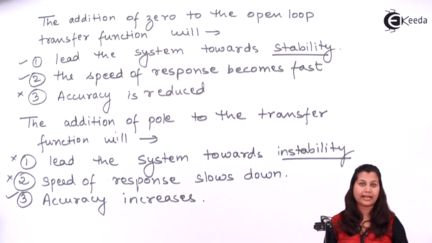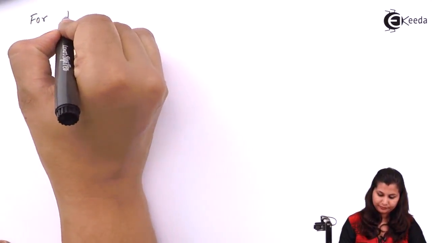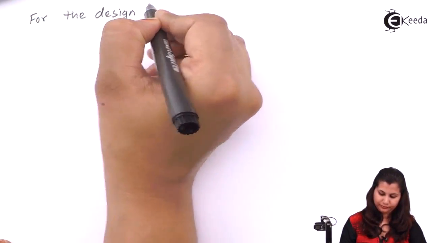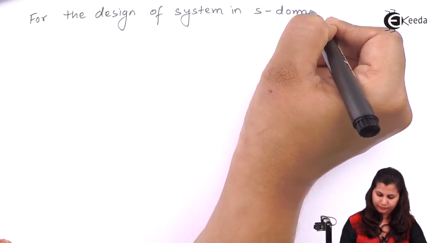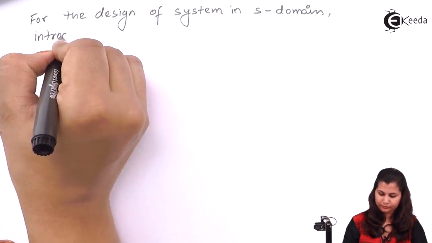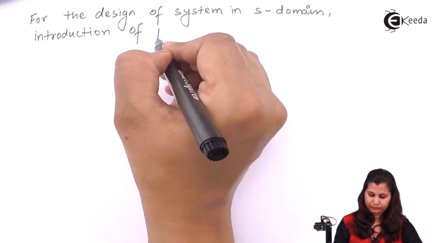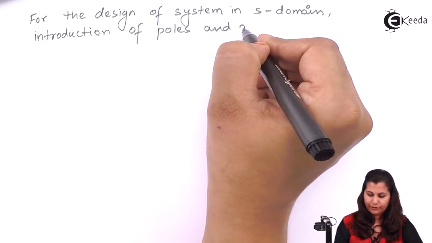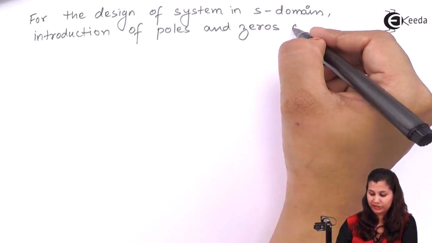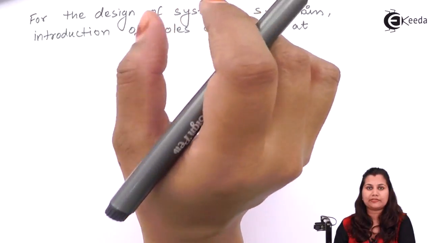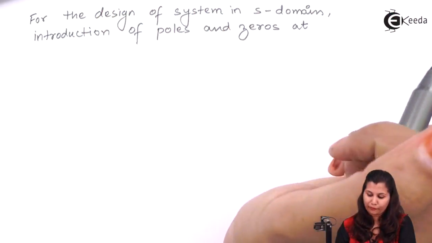So for the design of the system in the S domain, the introduction of poles and zeros at suitable places will give us the specified or desirable performance.